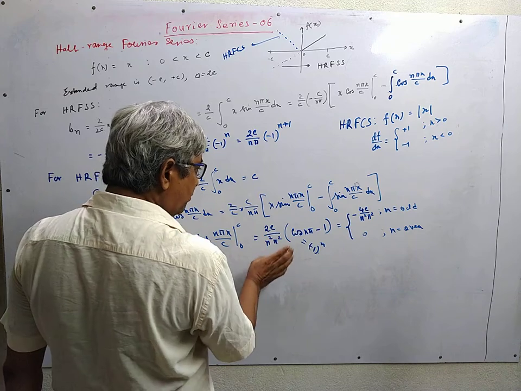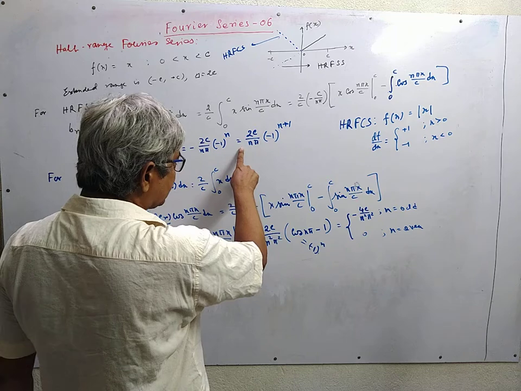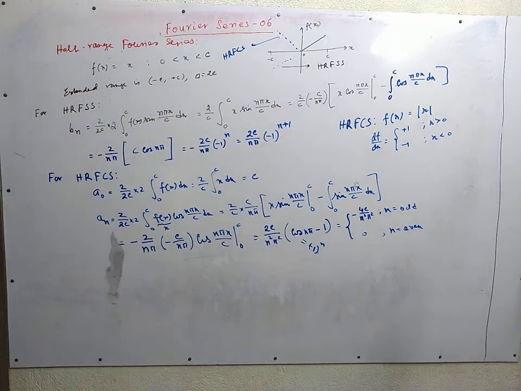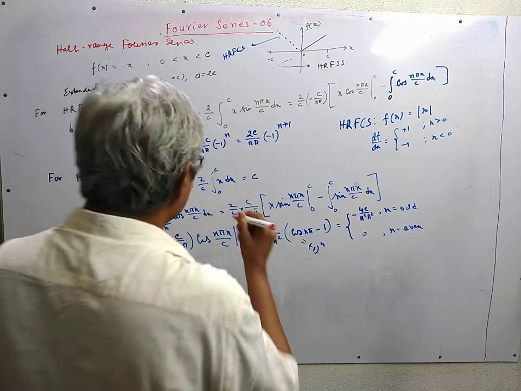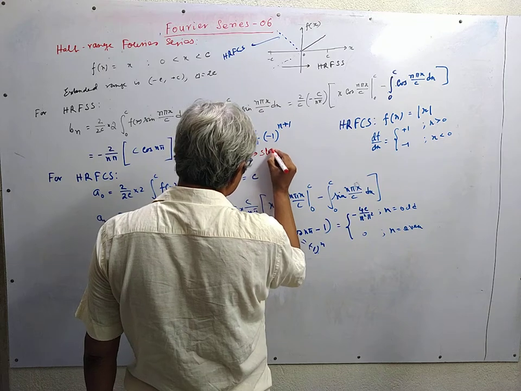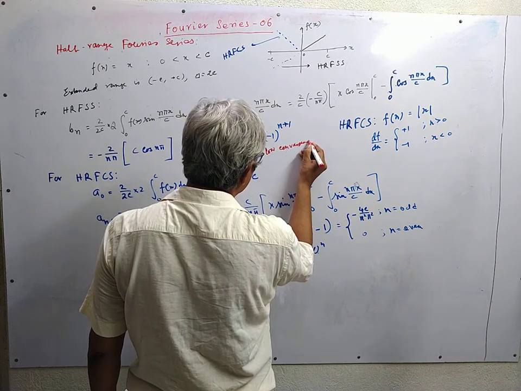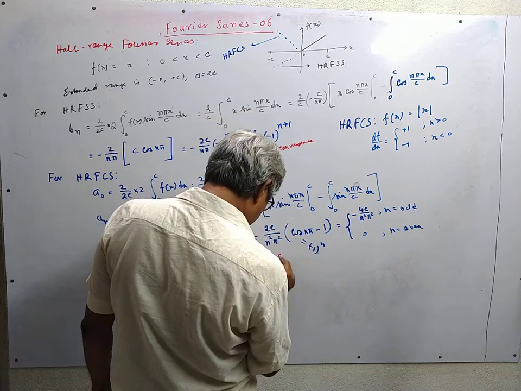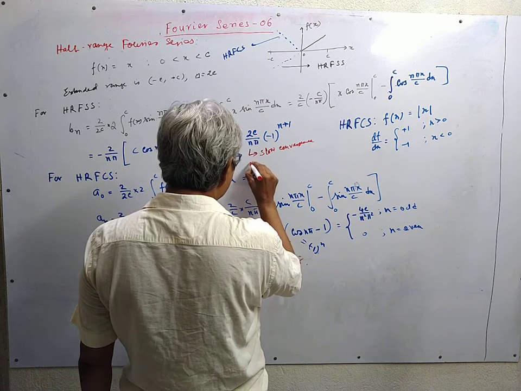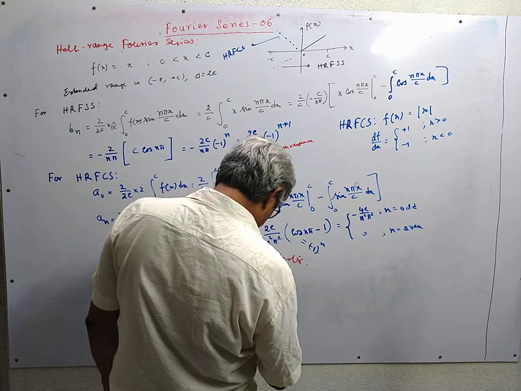So this term will have less contribution for n is equal to 4 compared to this. So this series will have a slower rate of convergence. This is slow convergence, and this will have faster convergence. It will show Gibbs phenomena, no Gibbs phenomena.